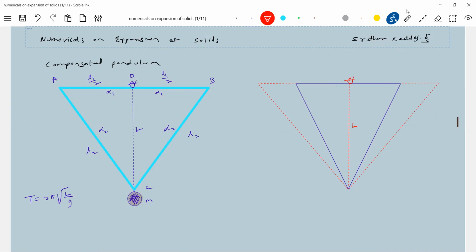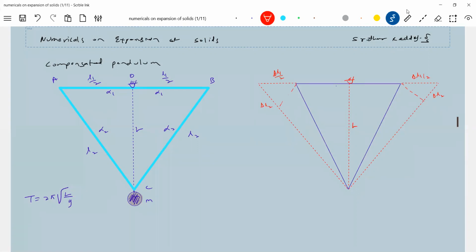So what is this part? Shall we call this delta L1 by 2, and it has expanded here. If you see, this is delta L2.